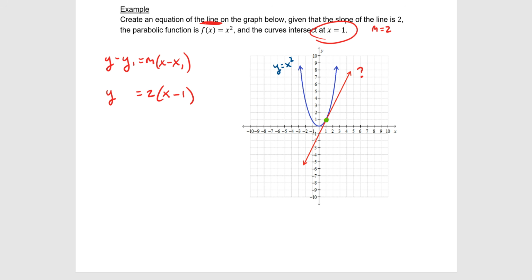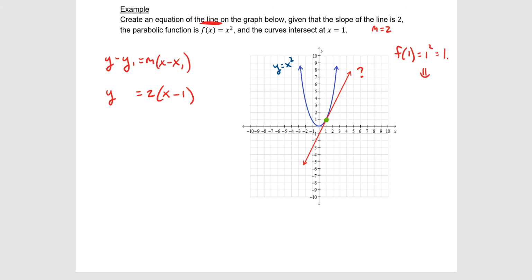We actually know the x value, right? It's at 1. Even though it's probably pretty obvious what we put there for the y value, because we can just look at it on the graph, the way we can be sure is to plug it into the function. So we can find f of 1, which is 1 squared, which is 1.